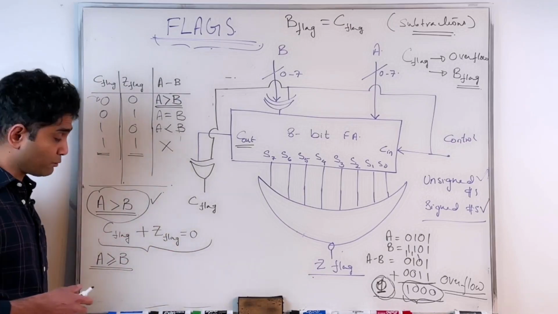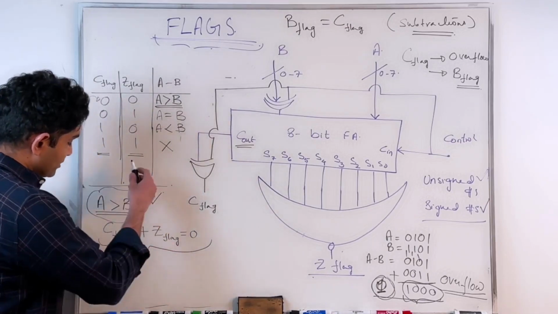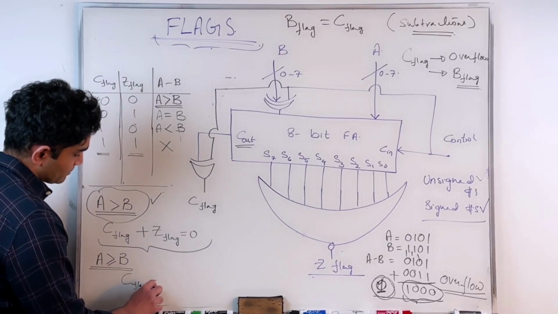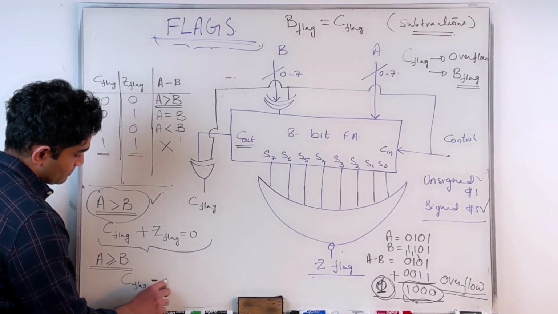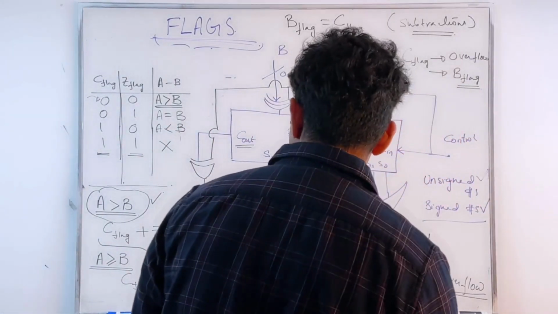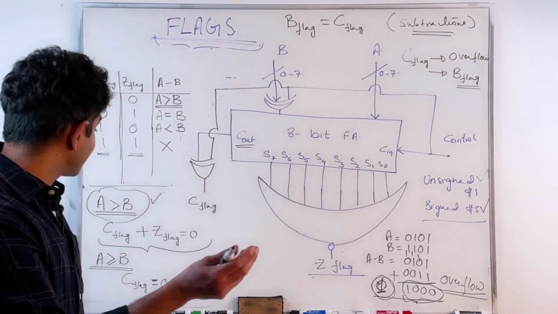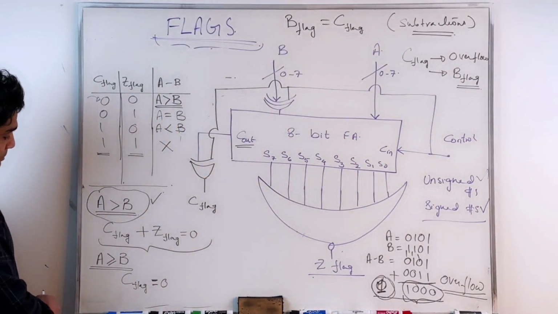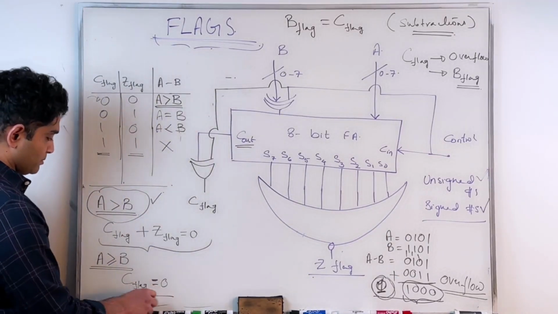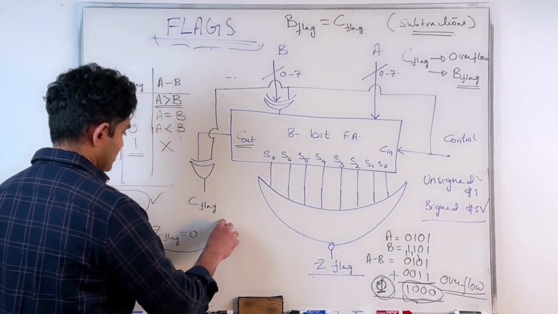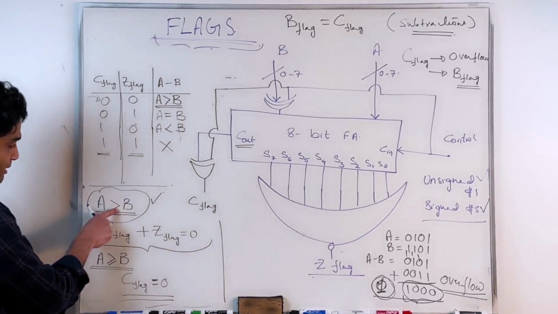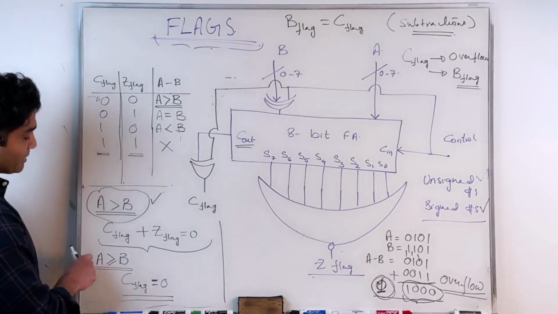I don't have to worry about Z flag being a 1. So in this case, my condition to check for is C flag equal to 0. Right? C flag equal to 0. I don't have to worry about Z flag now. That can be a 1, in which case A equal to B is satisfied. If this is satisfied, then A larger than or equal to B is satisfied. So that's good. All right. So I'm done with the A strictly larger than B condition and the A larger than or equal to B condition.